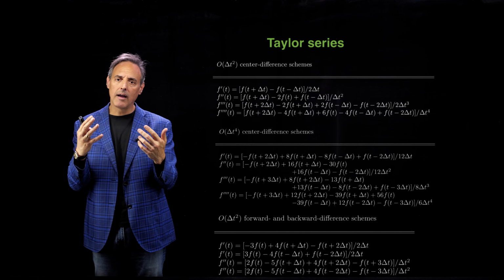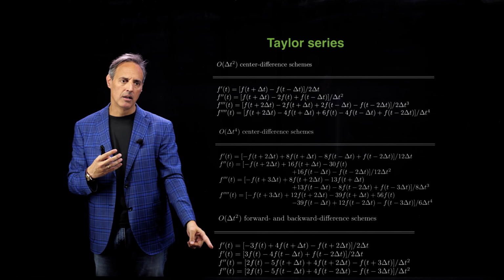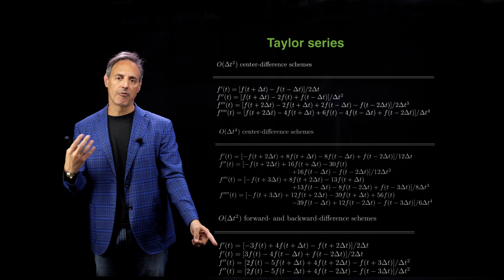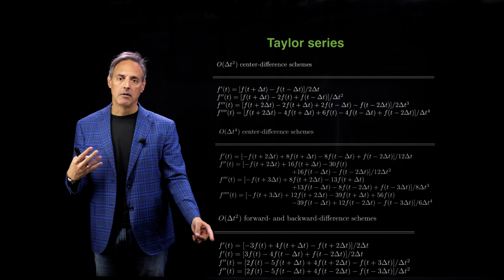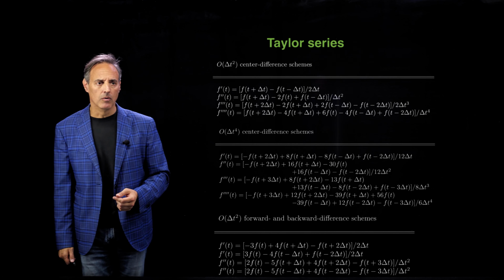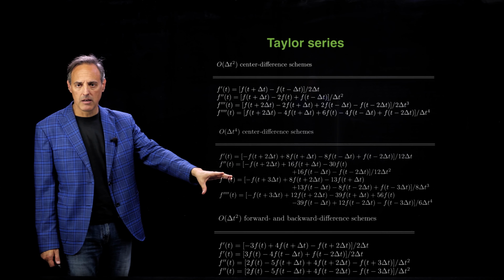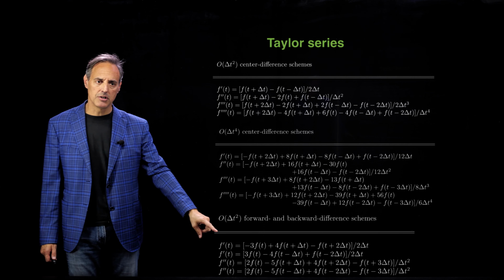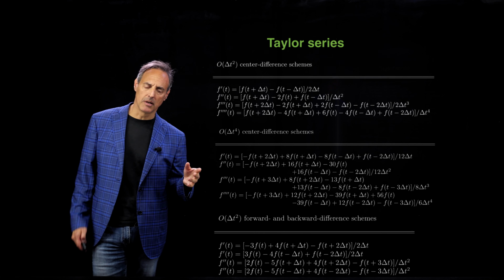Through Taylor series expansions, adding and subtracting in the right way, you can derive the following formulas, which are the forward and backward difference formulas, delta t squared accurate, for the first and second derivative on the ends. So this is how you take care of the interior domain of where you're going to differentiate. At the edges, you would use these formulas to compute an estimate of the derivative.